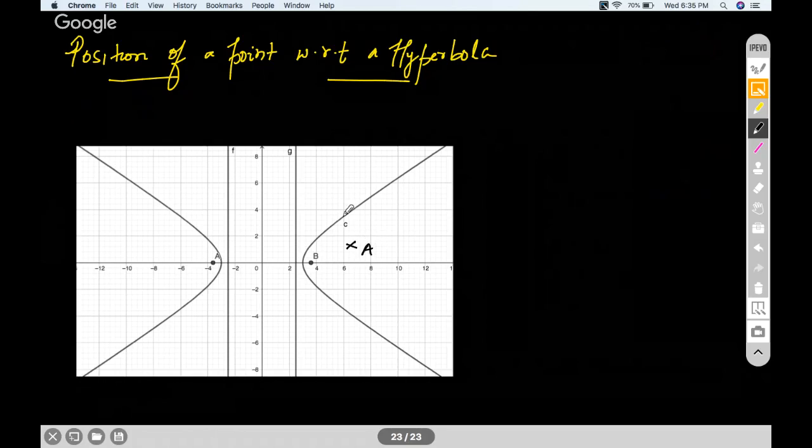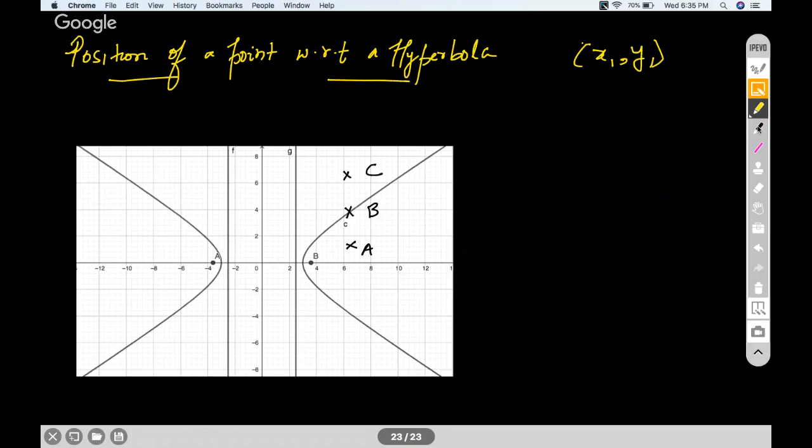It can be at a position A, it can be at a position B, or it could be at a position C. Okay, so let's say the point A here is x1 y1, and I want to find out whether it's located somewhere within the arms of the hyperbola, that is at position number A, or whether it's located on the hyperbola, or whether it's located outside the arms of the hyperbola.